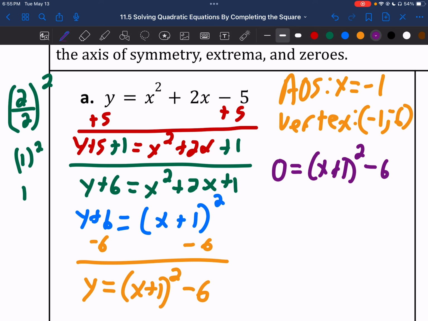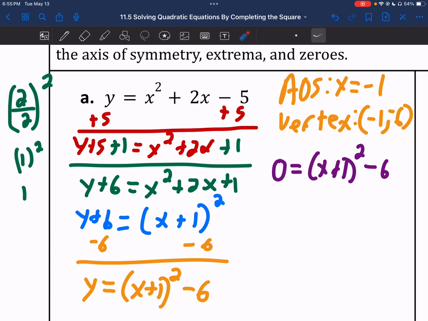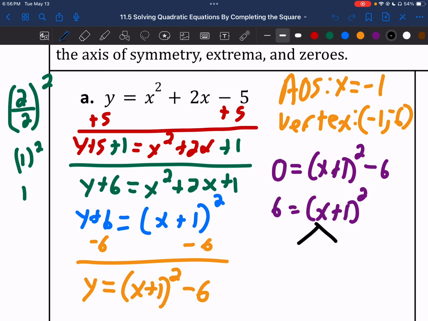Or truthfully, you just go back to this step right here, and you substitute in 0 for y, and so y goes away, and you're left with that positive 6 there. So we have 6 is equal to x plus 1 squared. So we split that into our two pieces. Oh no, we take our square root first. Getting ahead of myself. Square root of both sides.